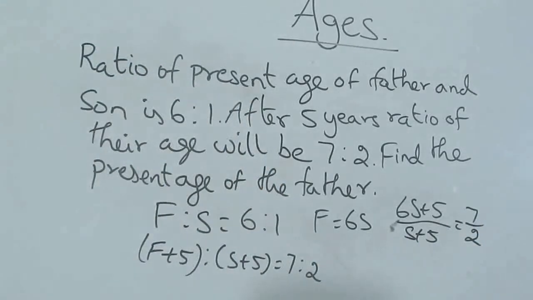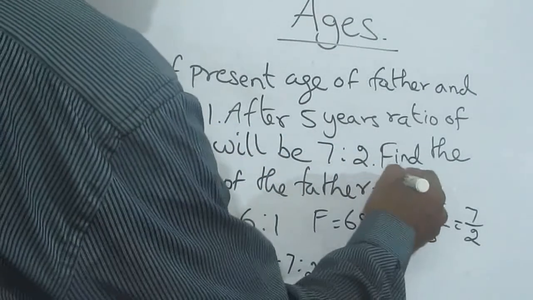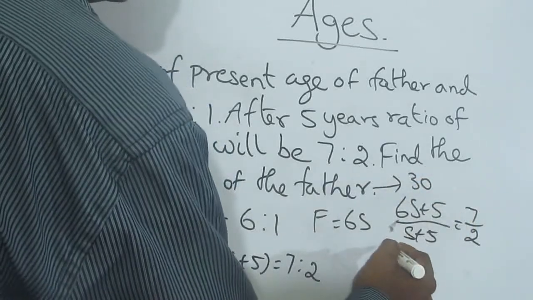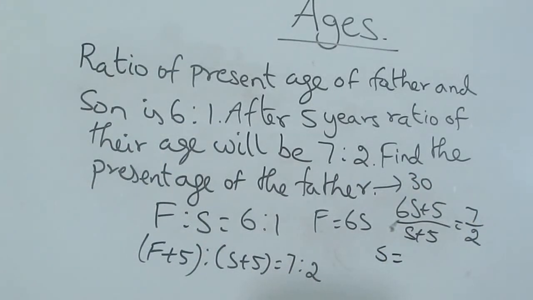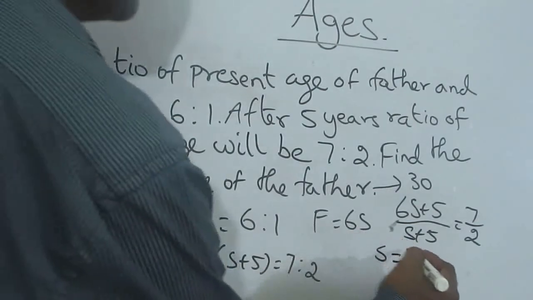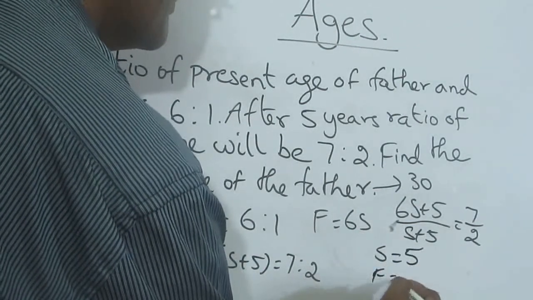Once you do the cross multiplication and solve, you would get the answer. The father's age is equal to 30 and son's age equal to 5. So son's age would be 5 and father's age would be 30.